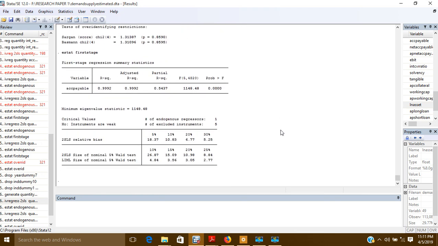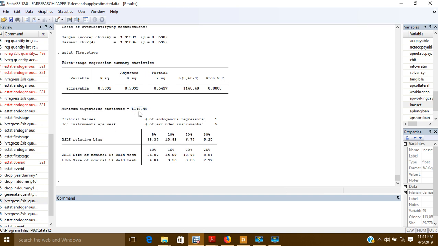Okay, now the next thing is the minimum eigenvalue statistic. So here the minimum eigenvalue statistic is 1148.48, which is a very high value. What does it indicate? It indicates that we can easily reject the null hypothesis.